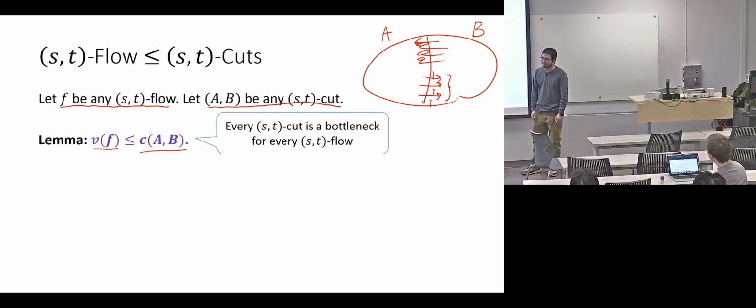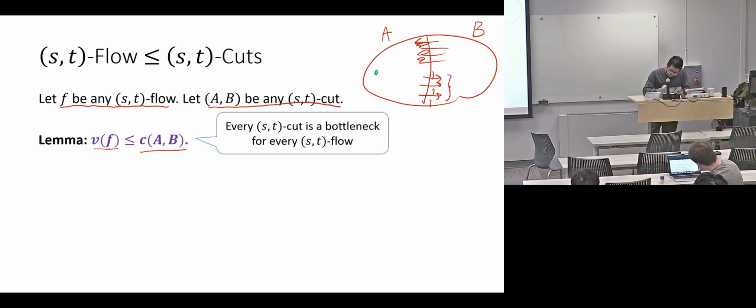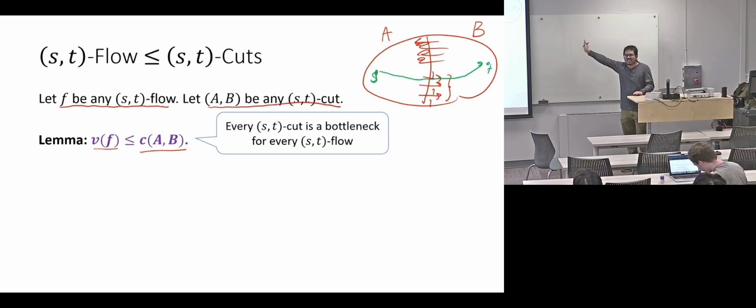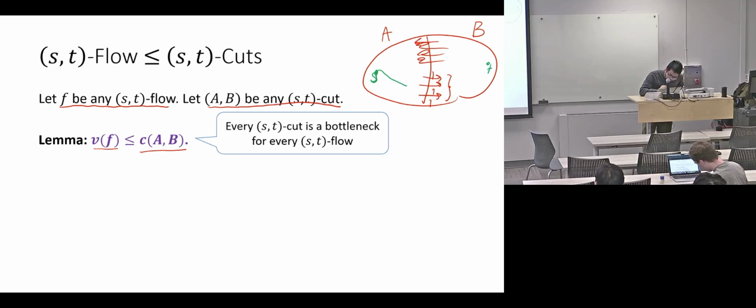You know that if you want to send flow from S to T, this flow must consume capacity of the forward edges here. You might consume 1 unit, or you might consume 2 units like this.